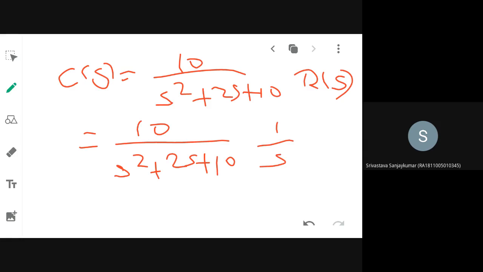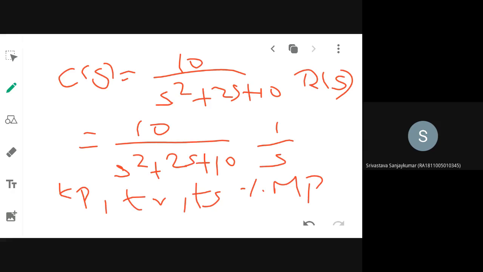Okay. Now they have asked you to find rise time, peak time, settling time. You know the formula. If you are asked to find the response also, then you need to find C of t. First let us find these TP, TR, TS, percentage MP values.